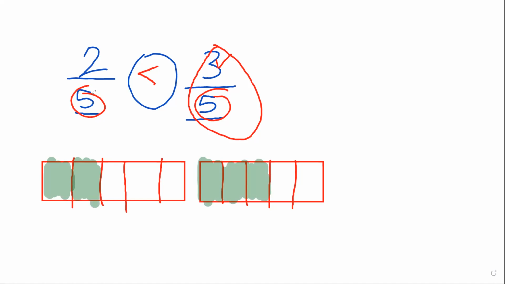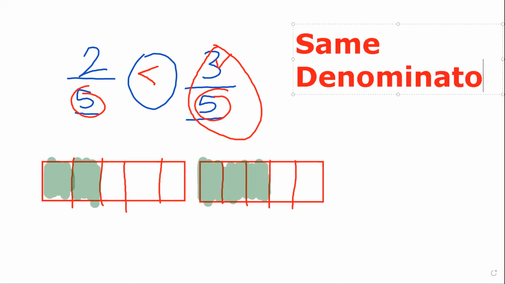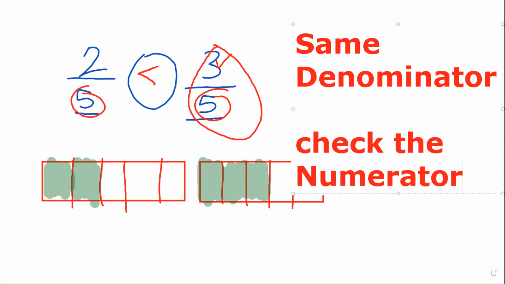So if we have the same denominator, check the numerator. The one that has the greatest numerator is the greatest fraction.